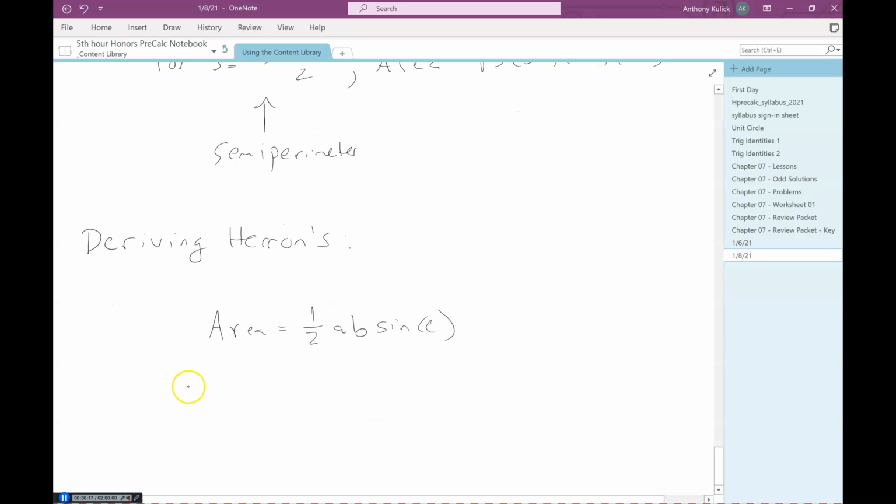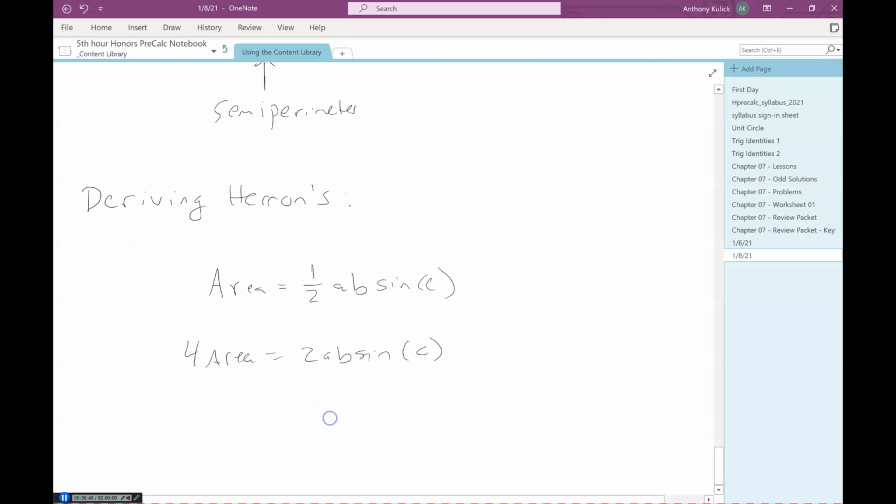And we're going to multiply both sides by 4. Now, why we're multiplying both sides by 4 is probably not totally obvious, but eventually you'd come to that conclusion that you needed to do that. And it's easiest to do it now in terms of showing the walk through. So I'm just going to go ahead and do it now. And then I'm going to square both sides.